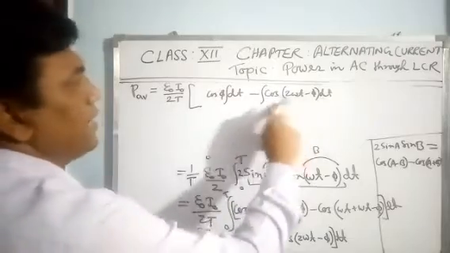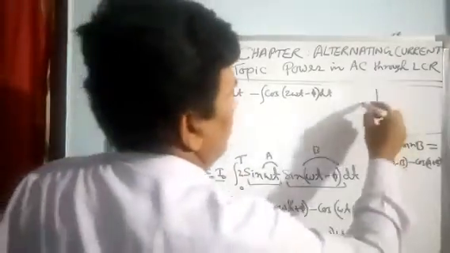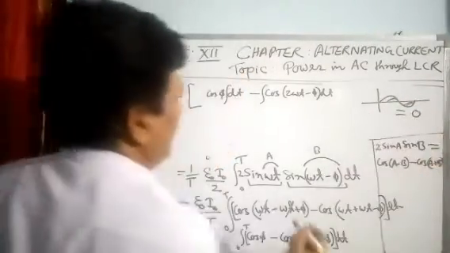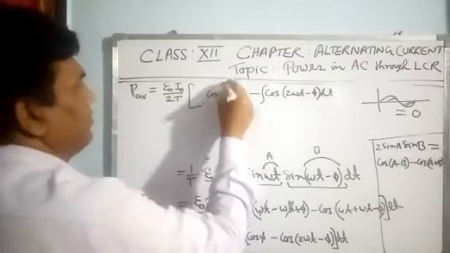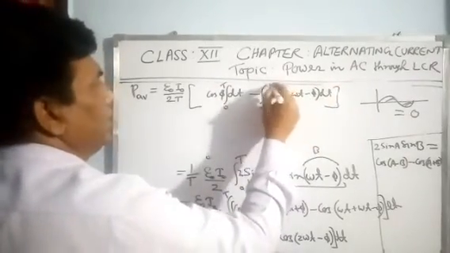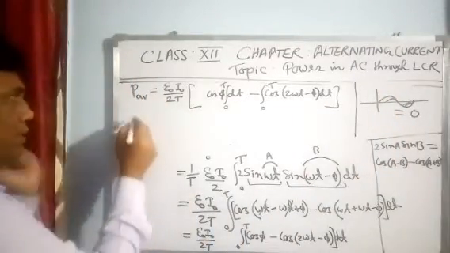It is simply a cosine function. For any sine or cosine function, the integration over one complete cycle is always 0. We have already discussed this in the previous videos.